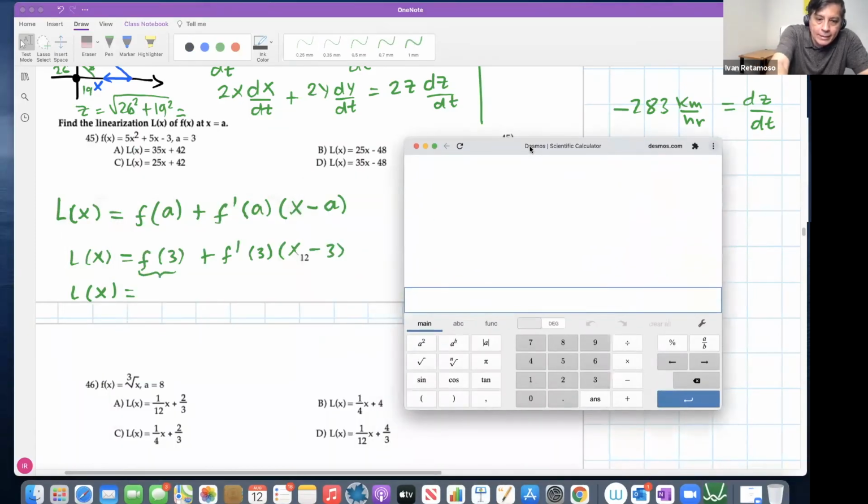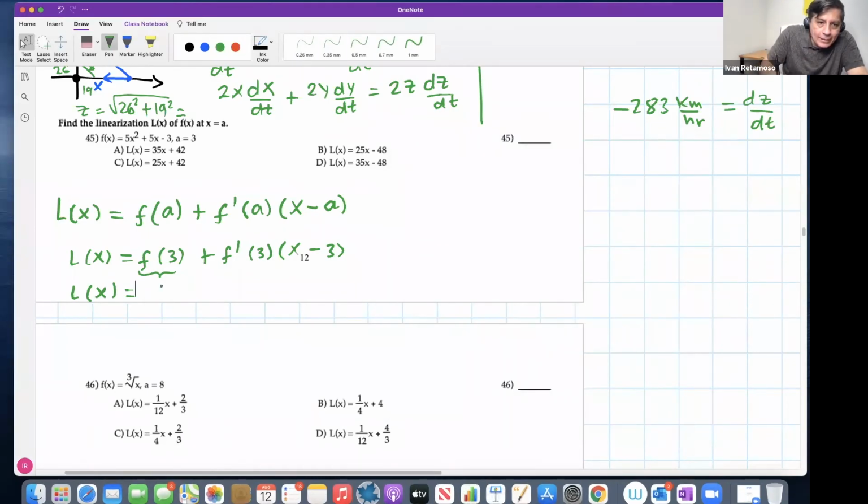What is this? 5 times 3 squared plus 5 times 3 minus 3. What's this? 57, right? 57. You follow, guys? 57 there. Yeah, so then this is what you have to write here, 57.